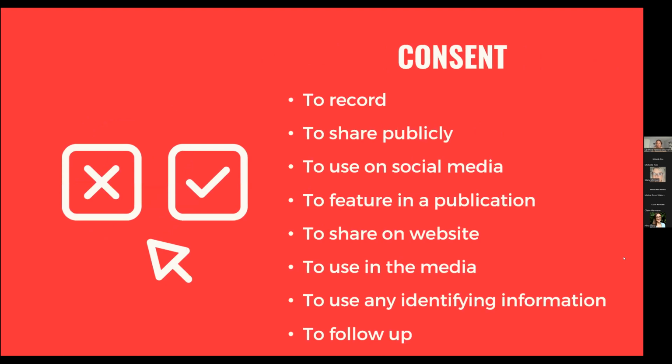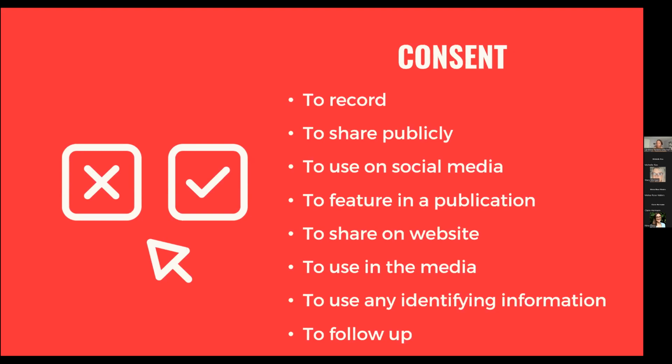And that leads me to consent. I don't believe in blanket consent, and I think that this is just based on trial and error and some of the lessons that we've learned. People's situations change. And so we want to make sure that we're getting consent at each stage and for each use.